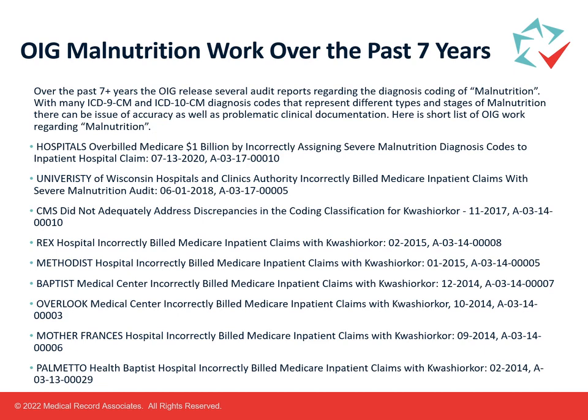In 2018, the University of Wisconsin, through an audit report that the OIG did, was found to have inpatient claims with severe malnutrition that were incorrectly coded and billed to Medicare. And then in 2020, another large report summarized severe malnutrition as being a target for inpatient hospitals, and that over $1 billion, with a B, was overpaid by Medicare.